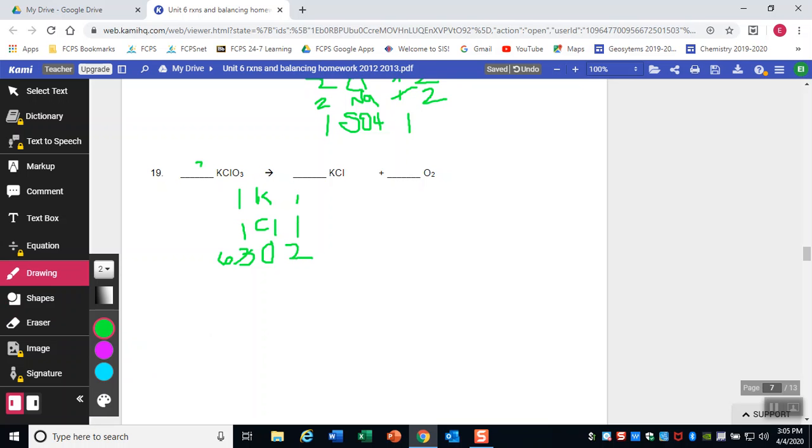So 3 times 2 is 6. To get a 6 over here, 2 times 3. All right, and then when I did that, that doubled this, and that doubled my chlorines. All right, so I'll put a 2 in front, and then that will double them over here.